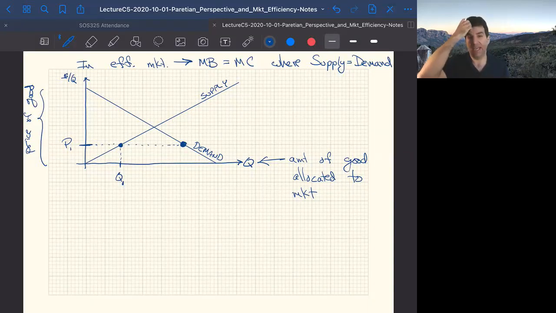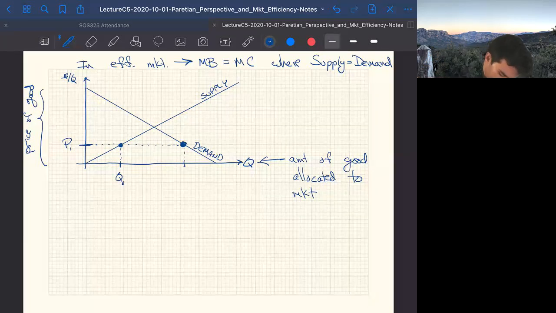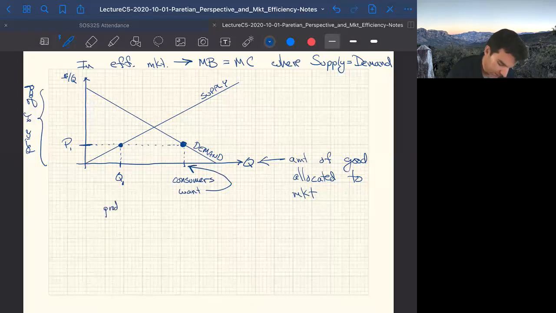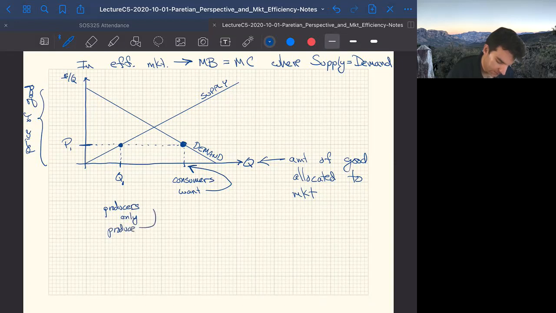But people buying the product would love to buy more than Q1. This is what the consumers would want, this much. But the producers only produce this much.